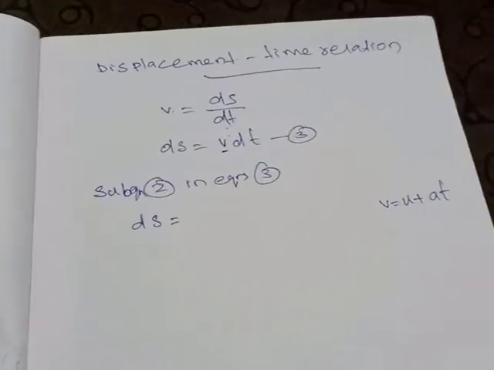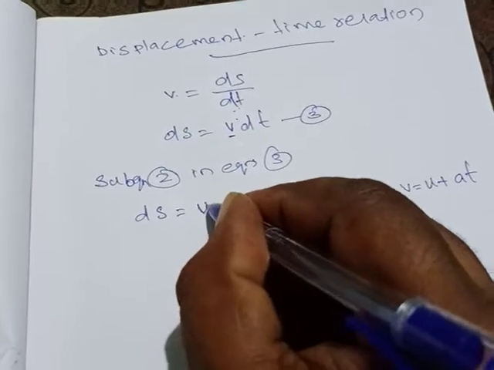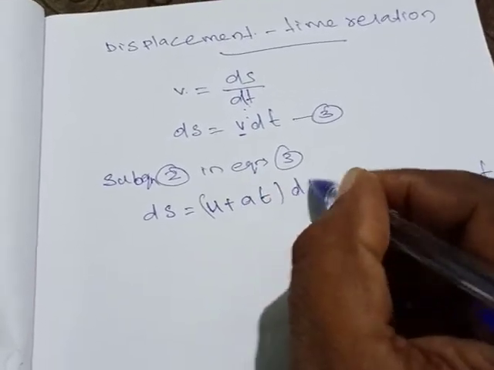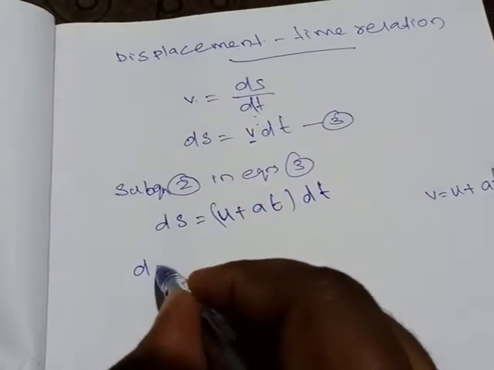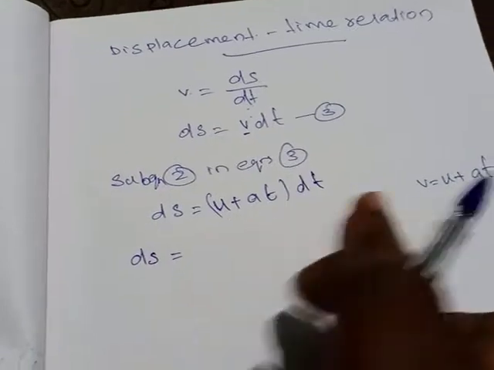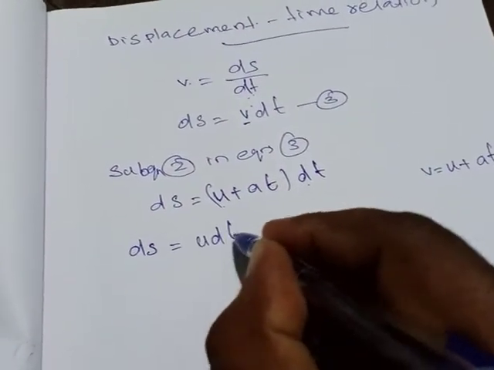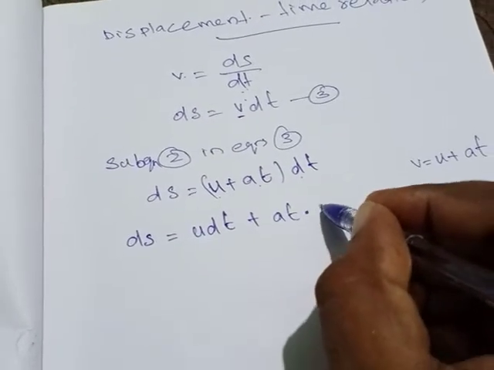So ds is equal to (u plus at) into dt. Now what you can do is ds is equal to u into dt plus at into dt.